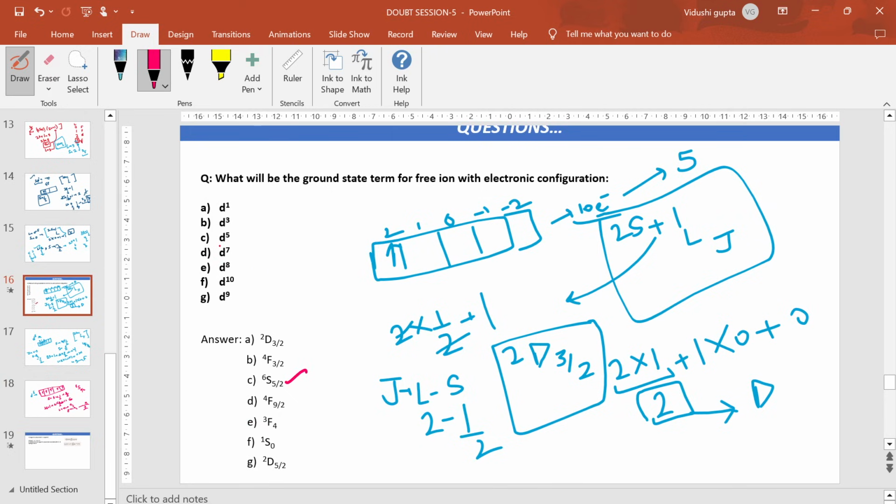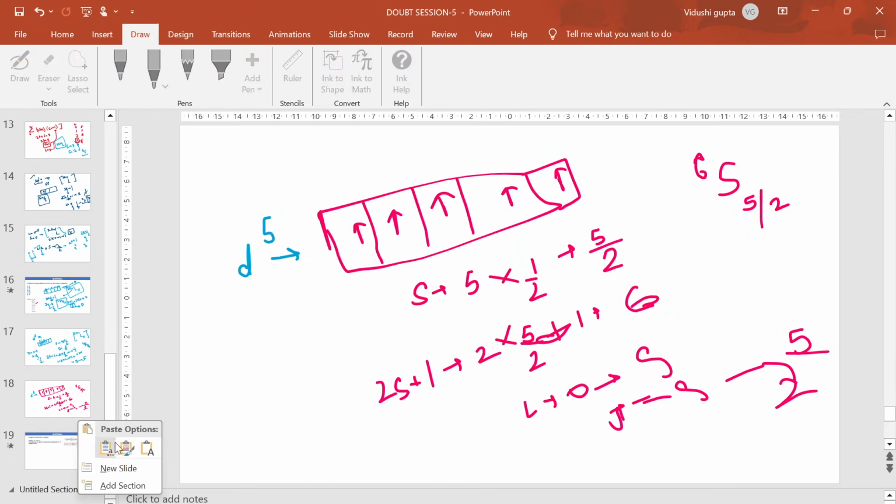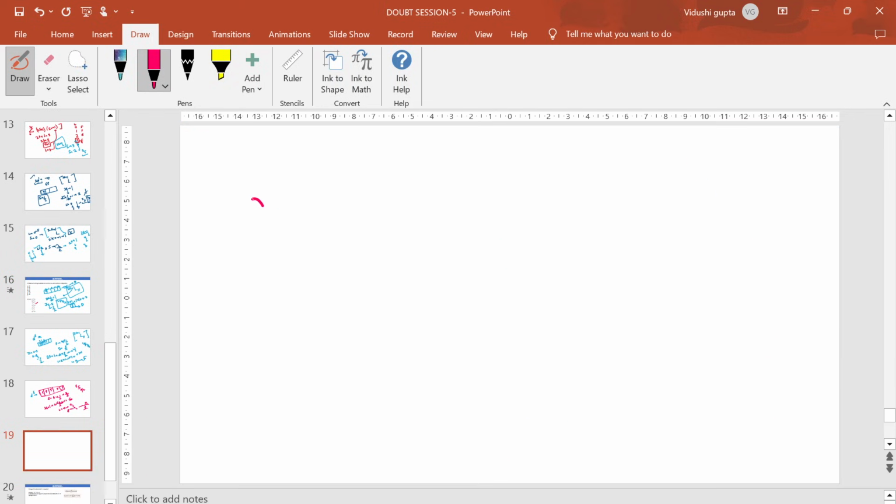Similarly, calculate for D7. What will it be for D7?